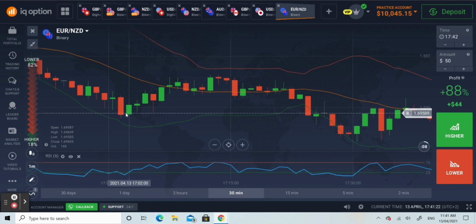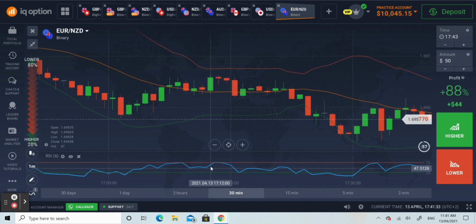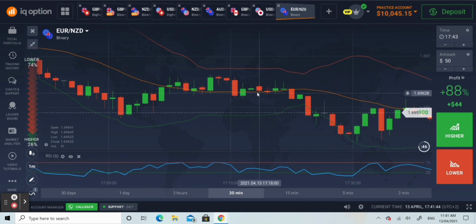And then it also barely touched the bottom Bollinger Band, so it changed direction to go up for a buy. Similarly, here the market barely crossed the overbought line, pointing down, and then the market sold all the way down to here. It retraced slightly, consolidated, and then went all the way down here.